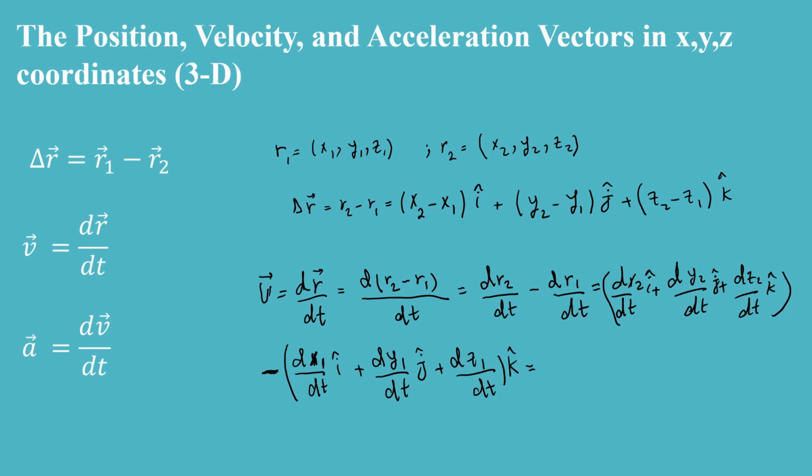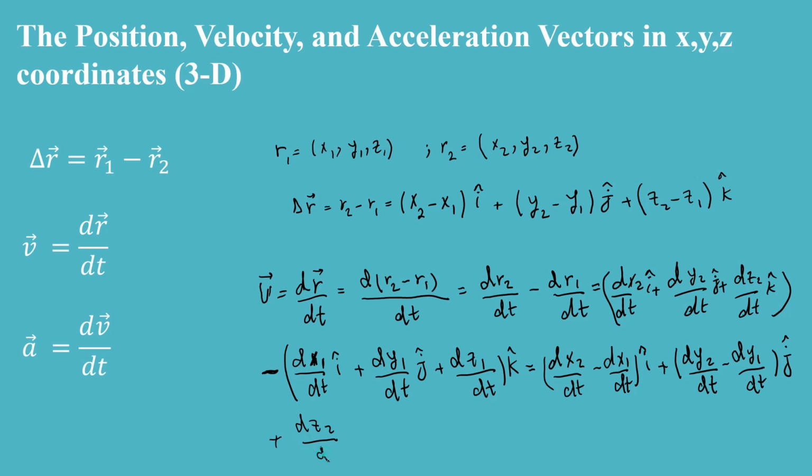And now I can subtract them. So it's going to be dx2/dt minus dx1/dt in i, plus dy2/dt minus dy1/dt in j, plus dz2/dt minus dz1/dt in k.